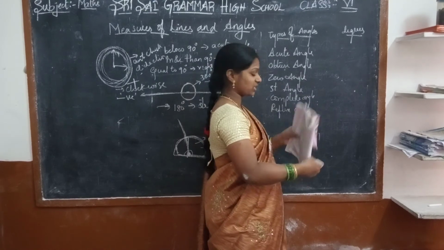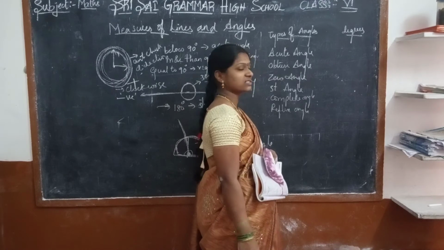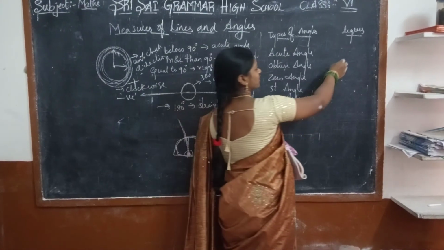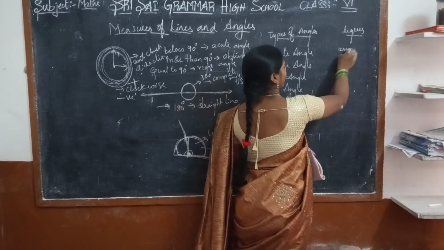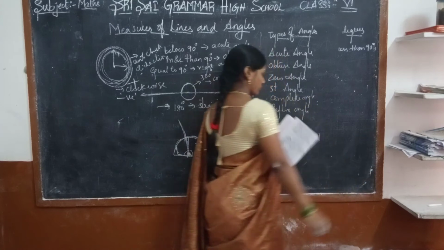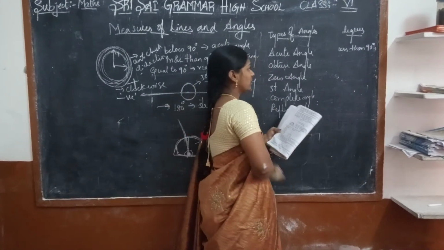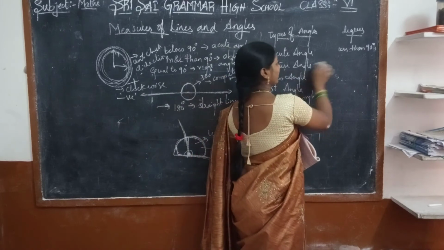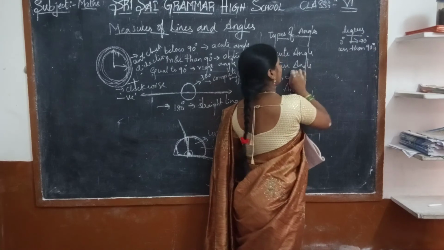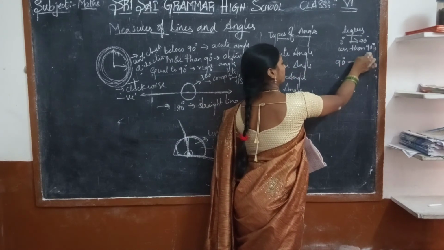How can you measure acute angle, obtuse angle, zero angle? An acute angle lies between 0 and 90 degrees. An obtuse angle lies between 90 and 180.